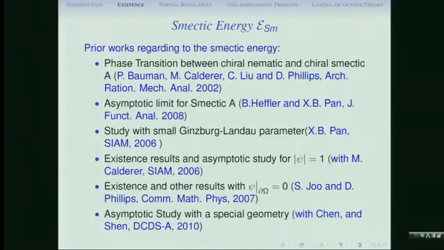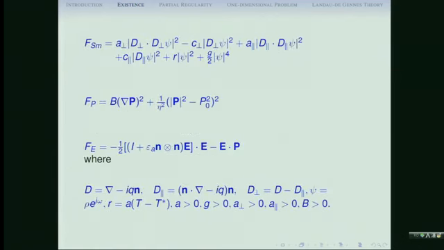So now I'm going to talk about these smectic energies and the existence of minimizers. When you look at the smectic energy here, this is a modified smectic energy by Pevnyi, Selinger, and Sluckin, and originally this is similar to a Chen-Lubensky model. In general, if C perp is negative, then it's okay.